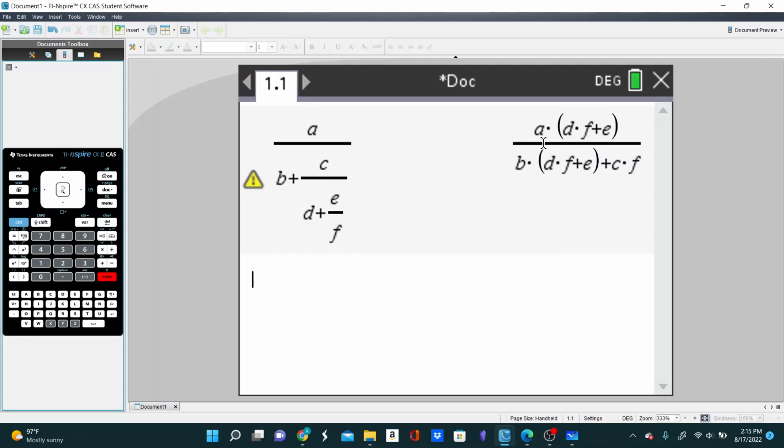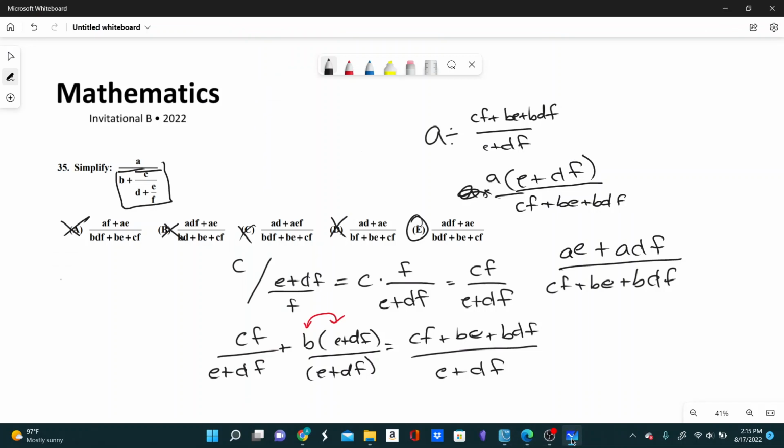So in the numerator, you can see, if you distribute at least, this will be ADF plus AE. And then in the denominator, you'll have BDF plus BE plus CF. And so that saves you a ton of time. The only thing you have to do is distribute. So at the end, no matter which way you did it, you're going to get answer choice E.